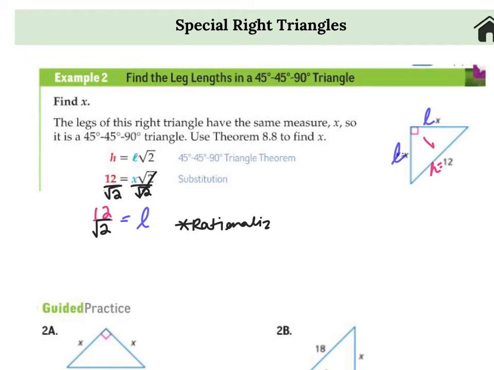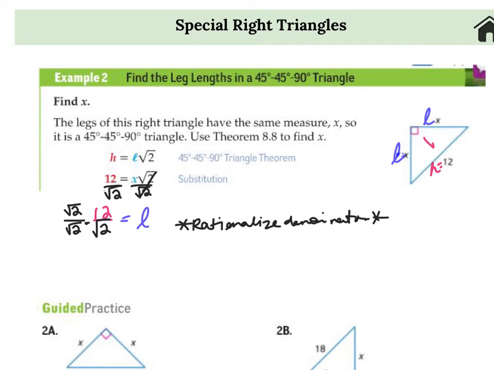What that means is we need to get rid of this radical on the bottom. In order to rationalize our denominator, you have to multiply by that same radical, in the form of a fraction.